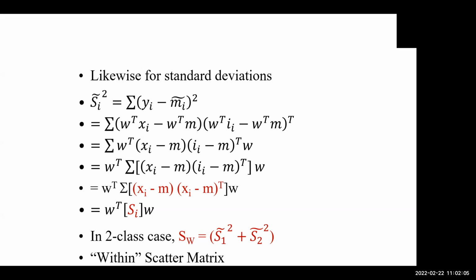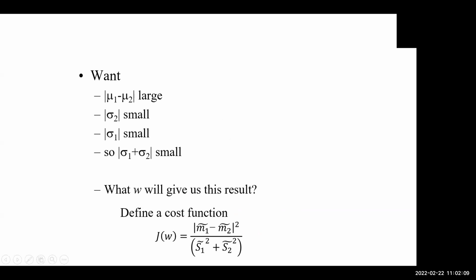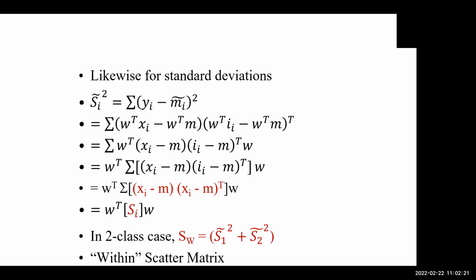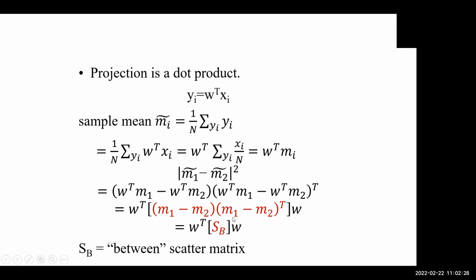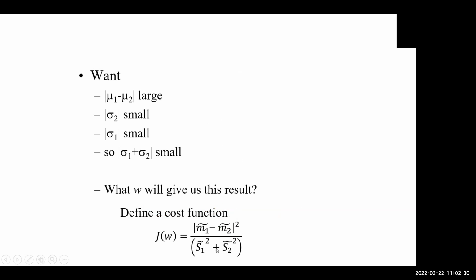We want each of them to be very narrow. So rather than talking about them individually, we're going to combine them. We want them all to be narrow. So we've got a term that's related to the denominator, and a term that's related to the numerator of our cost function.